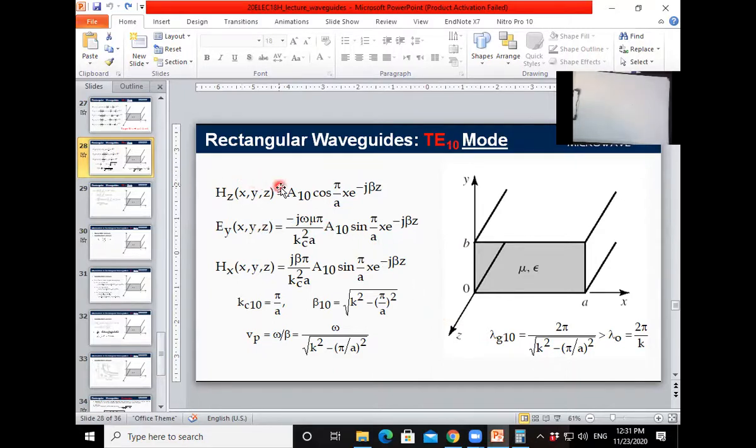You can make it very easy because you already have Ex equals 0 and Hy equals 0. So you only have one component per electrical and magnetic field. So what we are doing now is we are going to start to plot such a component. For example, let's start with the electrical field, which is Ey. So let's start now to plot this electrical field.